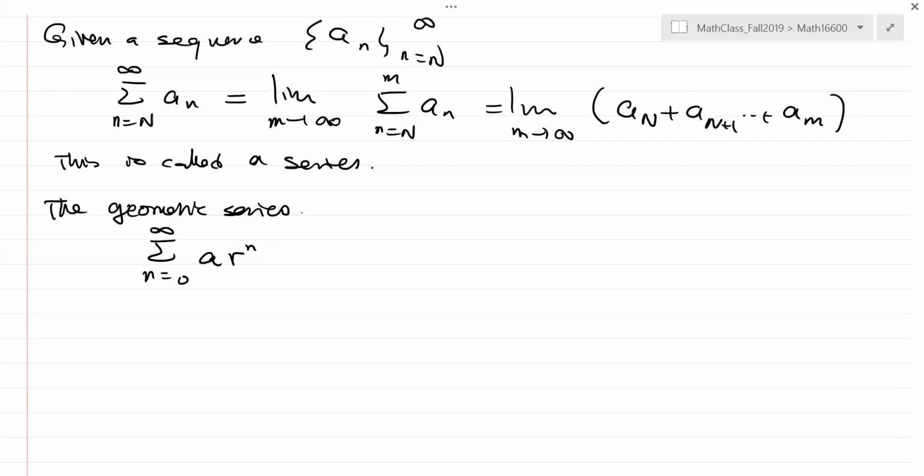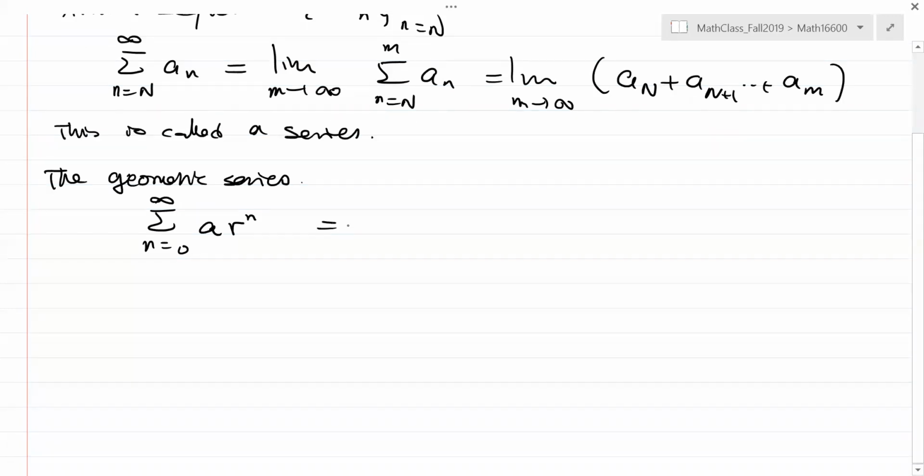This is defined to be the limit as m approaches infinity. So how do you see whether the limit exists? Well, for geometric series, we can add those terms together.